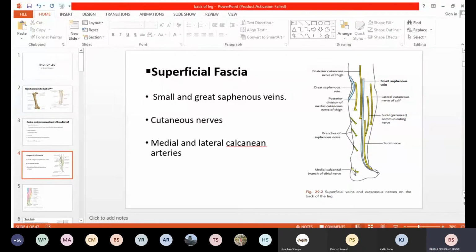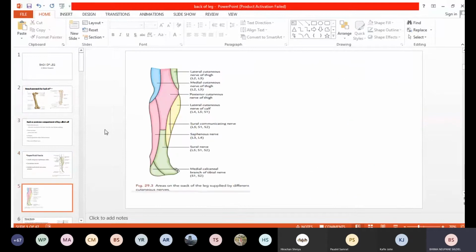Along with that, for the heel, that is the medial calcaneal branch of the tibial nerve. So this heel side and the small portion of sole is supplied by the medial calcaneal branch of the tibial nerve. Okay. So along with that, two arteries, that is the medial and the lateral calcaneal artery, which are the branches from the posterior tibial artery.